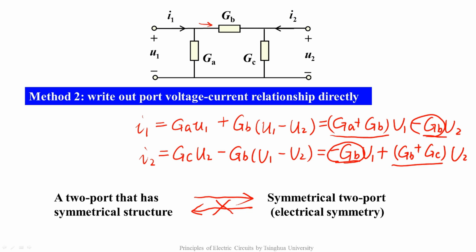Please pay attention to this. From the point of view of port characteristic, the two ports' external characteristics of a symmetrical two-port are totally the same. In other words, no matter which port is connected with the excitation, the responses of the two ports are the same respectively.